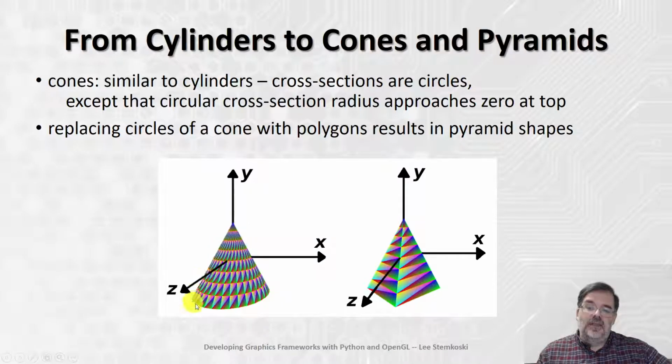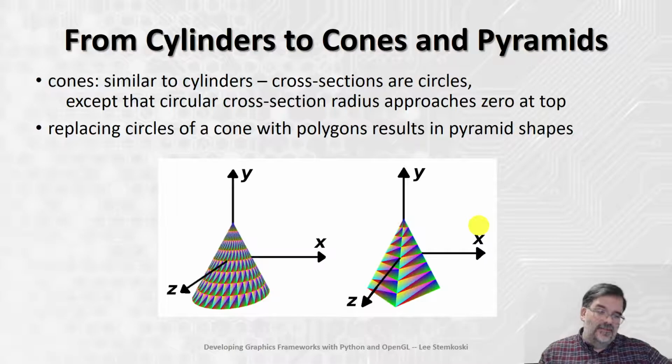So if we can come up with the equation of a cone, we can change the number of sides, or the resolution along u, to get pyramid shapes. And so we're going to be able to generate all four of these shapes: cylinders, prisms, cones, and pyramids.